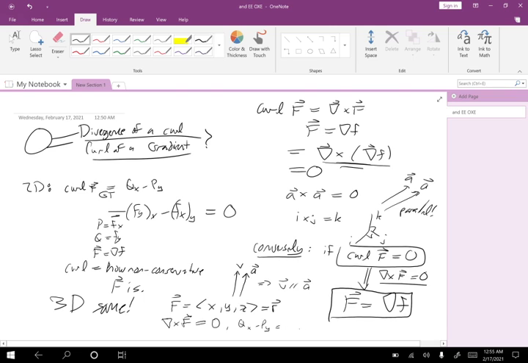Surely this is just going to be 0 minus 0. And similarly for the others. And of course, the position vector is just the gradient of one half x squared plus y squared plus z squared. And that's easy to see. You just differentiate each term.